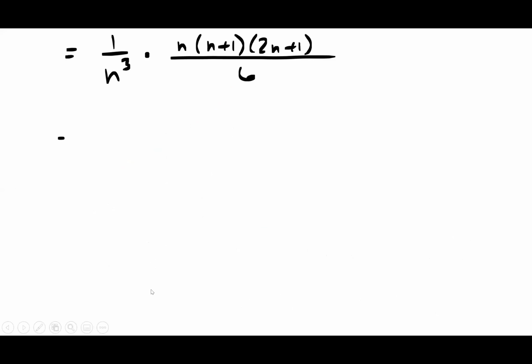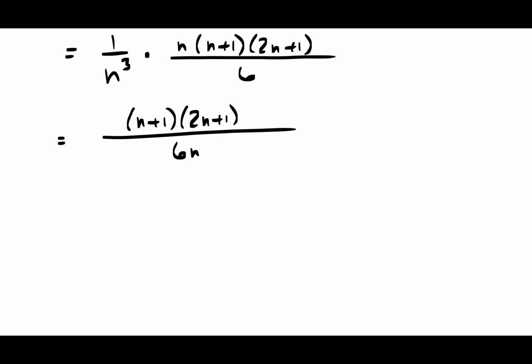Awesome. Can we simplify this at least a little bit? Yeah, n's cancel. That little n in front right there. And that n will make n squared. Okay, so I got myself n plus 1, 2n plus 1. And now on the bottom I have n squared. Sweet. I don't know if that helped me, but we'll see.